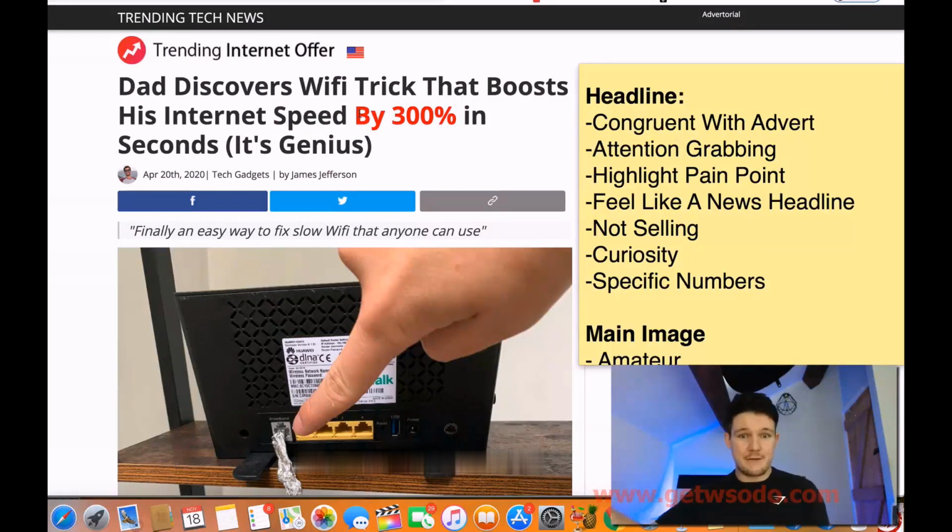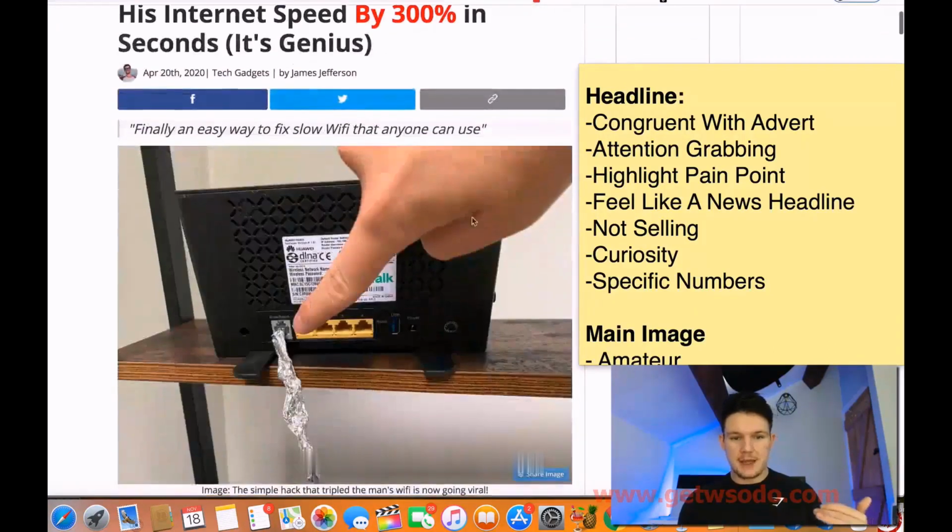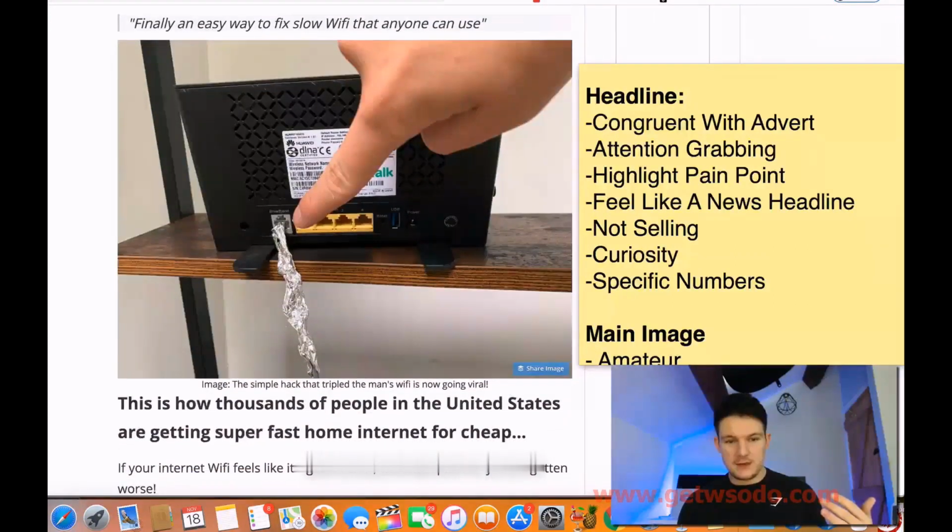They've got a desire to have 300% faster internet. Everyone wants faster internet, and this person's going to offer us a hack. And again, it's not selling anything. We're just grabbing their attention, and we want them to continue reading. And then we've got here some amateur pictures which I took myself and just put some tinfoil over my router to imply that that was the hack, just to get them to read a little bit more.